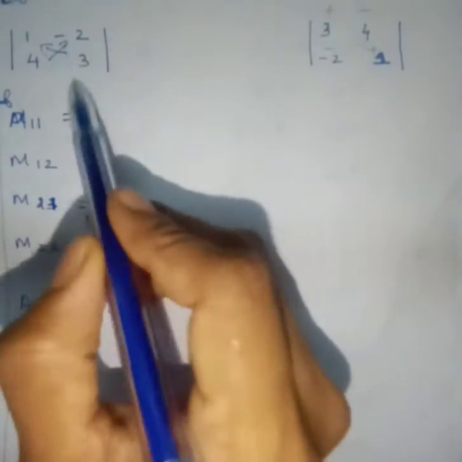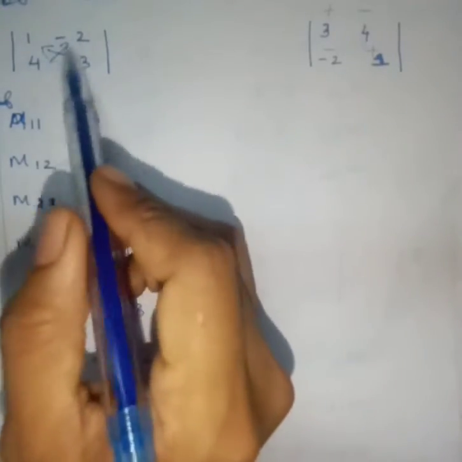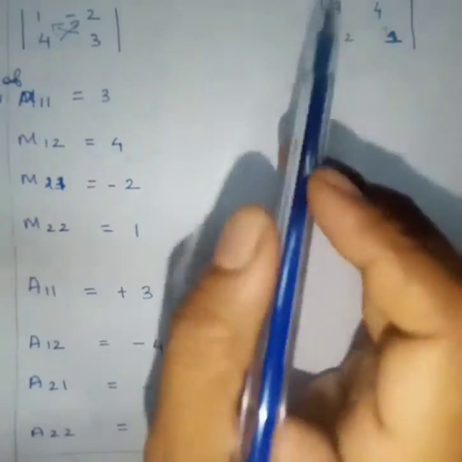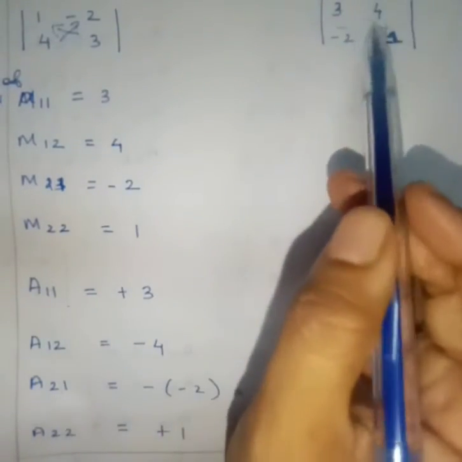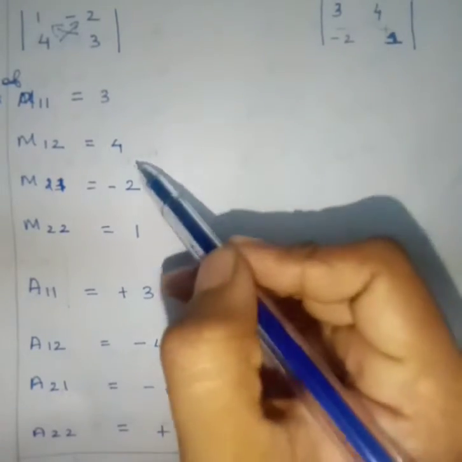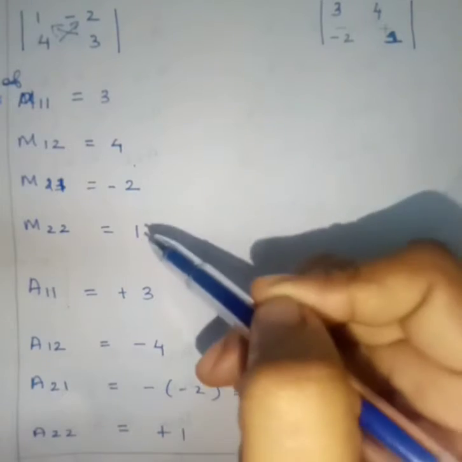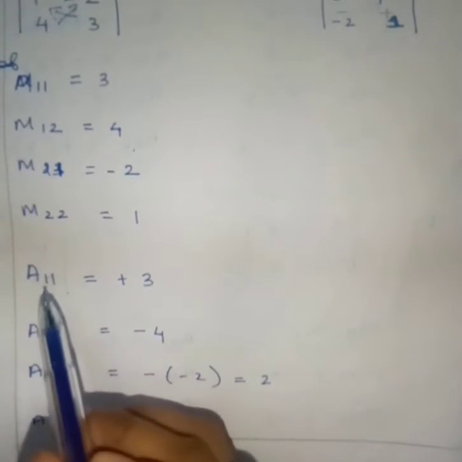So first you interchange everything like this, 3 1. Then you will have M11 is the first value, that is 3 is M11, M12 is the second value 4, M21 is minus 2, M22 is 1. Okay, and this is very simple.